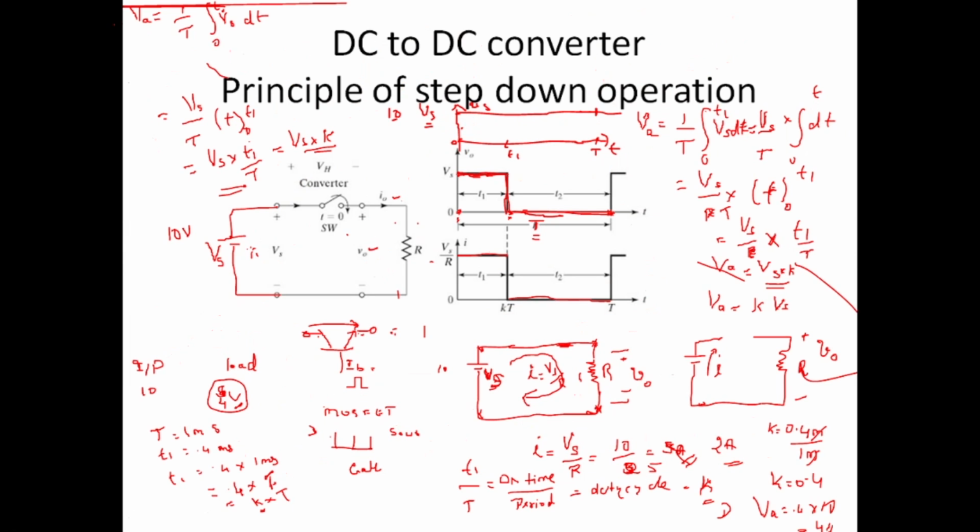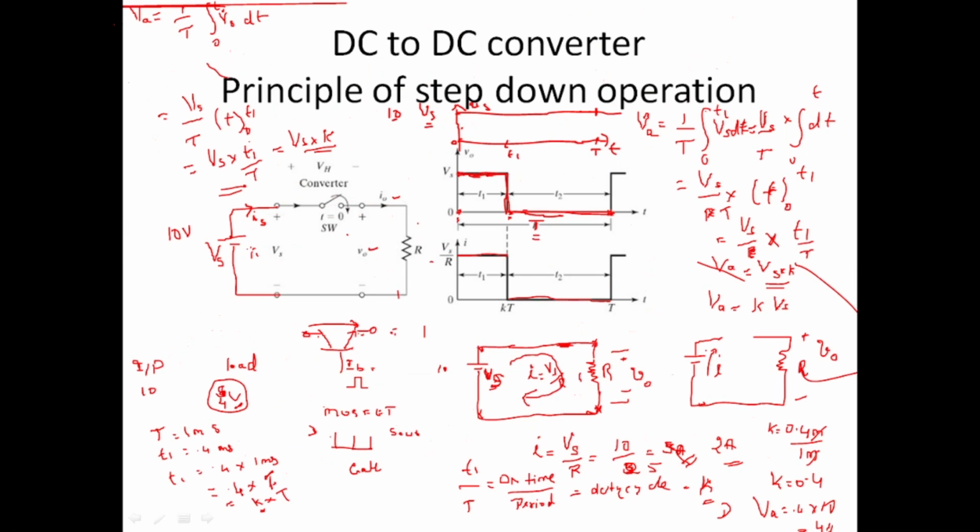This is the current which is flowing here, which I will call Is. If you check this circuit, if current is flowing in Is, it should flow in I naught. Correct? So when the switch is closed, Is is the same as I naught. And when the switch is open, what is the Is value?